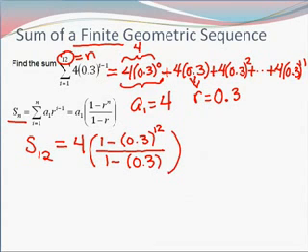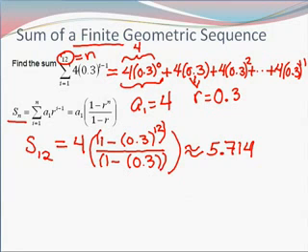Go ahead and put that in your calculator, and you're going to get S sub 12 is approximately 5.714. Again, be very careful when you're plugging it into your calculator. Make sure you're using your parentheses so that this all stays in the denominator and that this is all in the numerator.